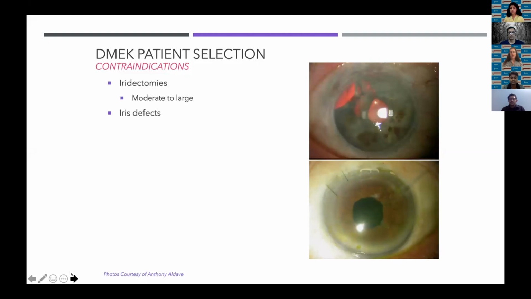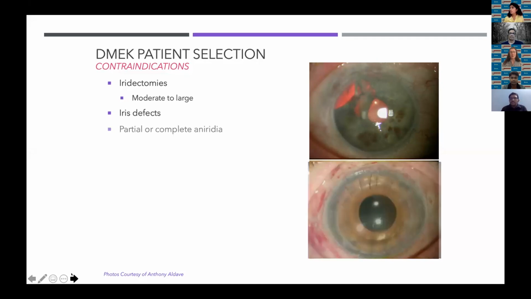Contraindications. If there's too large an iridectomy, if it's very, very large, you don't have a lot of iris there, even DSEK can be challenging in terms of not losing the graft. If you have a very large iridectomy and you're trying to do a DMEK, there's a higher chance, especially with the tapping and the unfolding, that you can in fact lose the graft and it can go down to the retina, which is obviously not ideal.